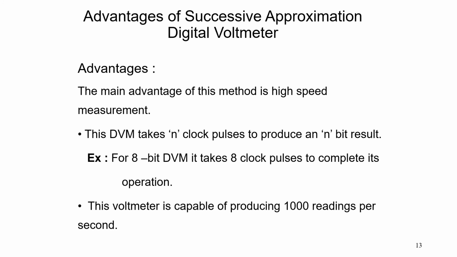The ring counter then advances one count, shifting a 1 into the second MSB of the control register, and its reading becomes 1 1 followed by 6 zeros. This causes the D2A converter to increase its reference output by 1 increment to 1/4 volt, that is half volt plus 1/4 volt. And again it is compared with the unknown input signal.